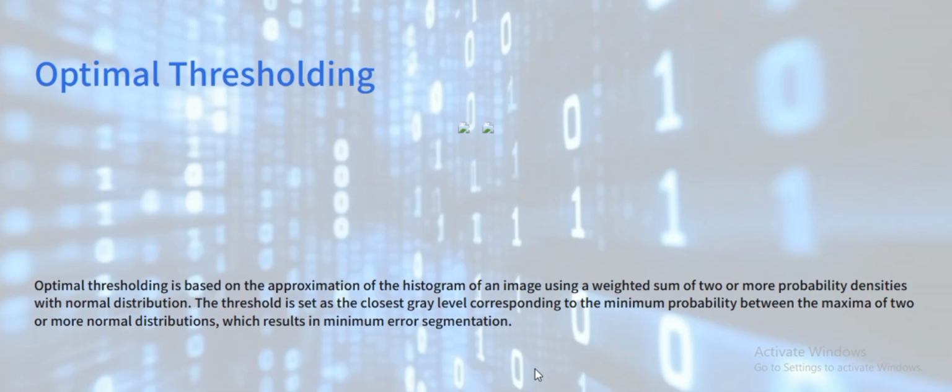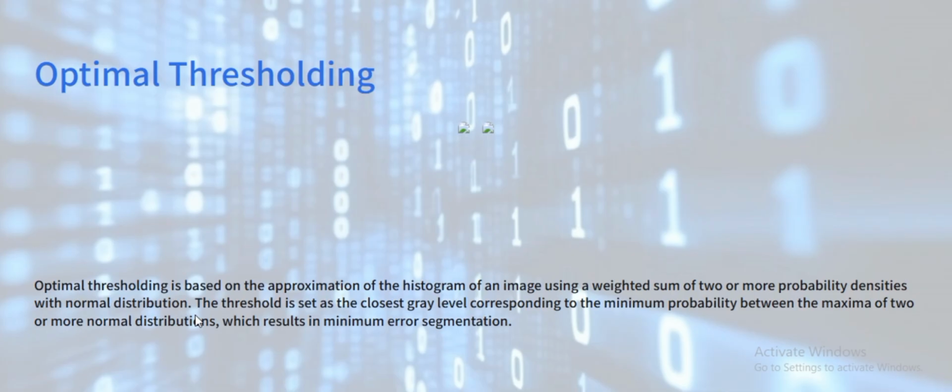So, for that we go for optimal thresholding. Here we are selecting the threshold value based on the histogram values that we calculated. There are certain formulas for the histogram that we use for calculating the threshold values. We find the histogram based on the weighted sum of many probable densities using normal distribution.